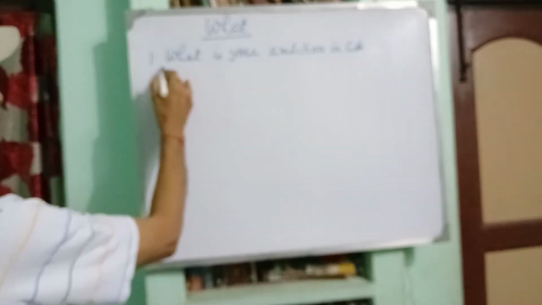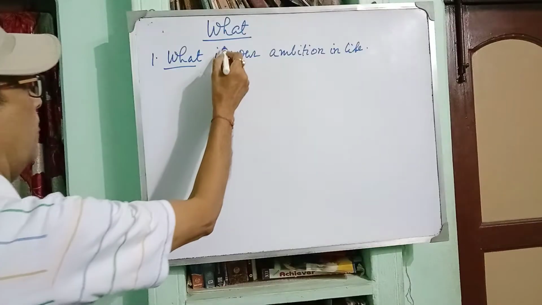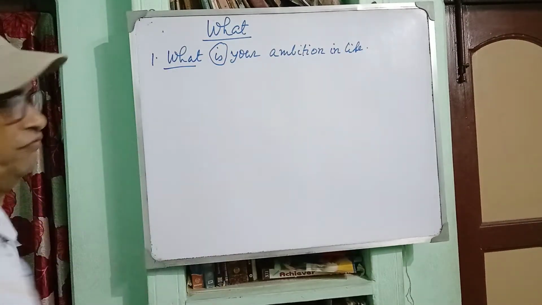You see that what is your ambition in life? So what is the WH word? And there is only one verb, is. It is actually the form of be verb, but here it is the principal verb. It is not the auxiliary verb. Remember, what is your ambition in life?